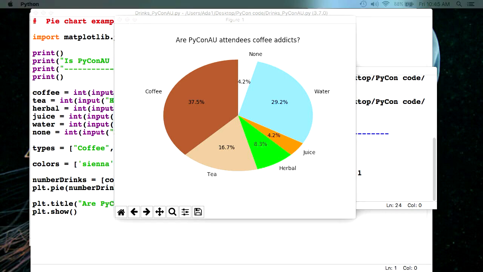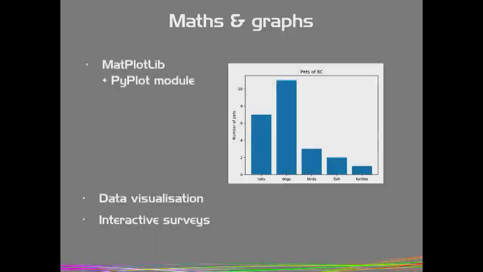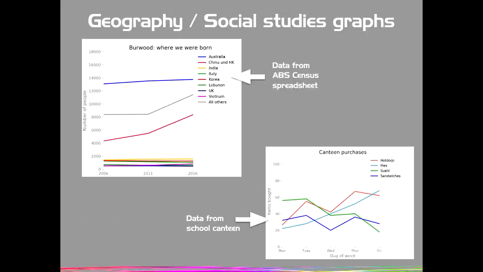Let's have a go back to looking at a couple more. Embedding this into teaching. Okay, so here I've got one graph that was made from some public data from the ABS census with Year 9s, and another one that was made with some data that was collected at the school canteen done by some Year 7s.